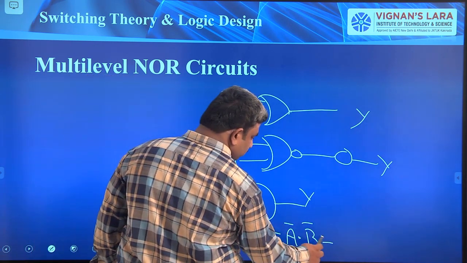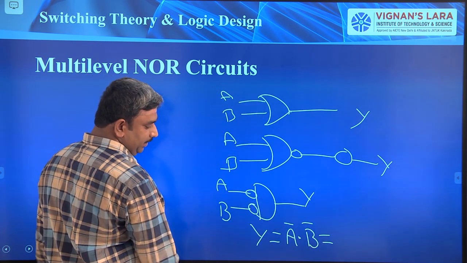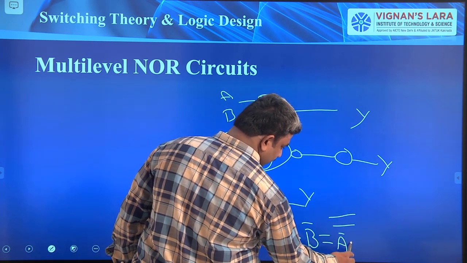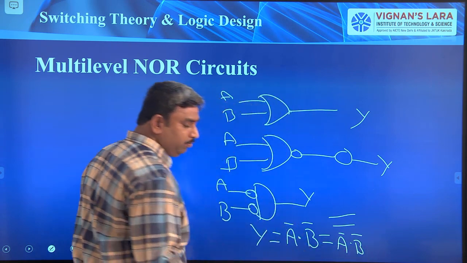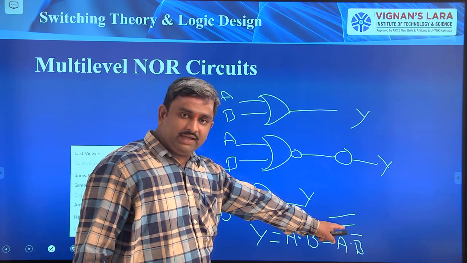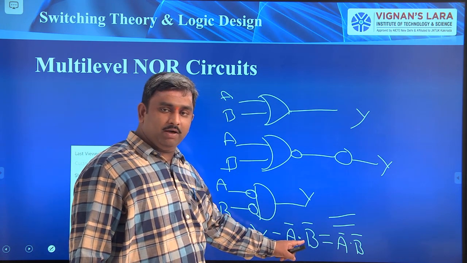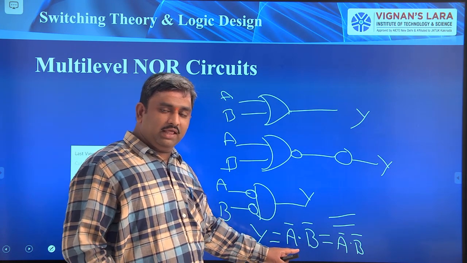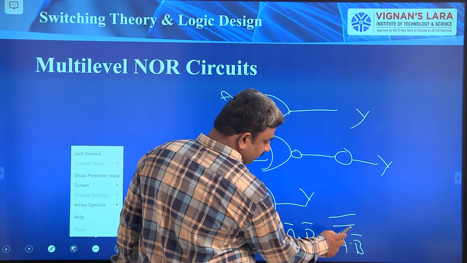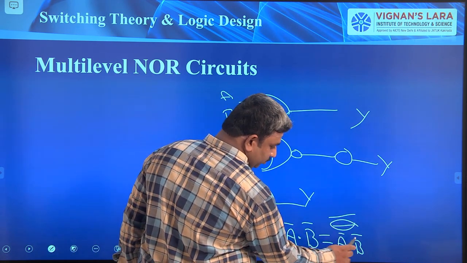So just think about this one. How can you write it? Place 2 bars on this function, A bar dot B bar. I have written 2 bars, that is double bars, so this bar gets cancelled. It is nothing but A bar dot B bar. Like A double bar is equal to A, or X double bar is equal to X. So keep 1 bar here and apply the other bar to this function.